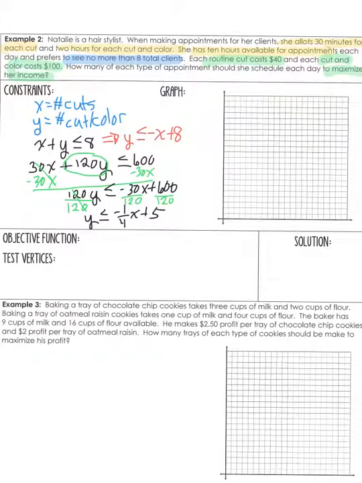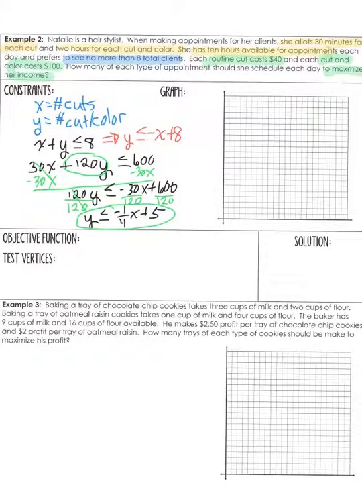So I am going to graph this one in green. All right, so let's figure out our increments. Since my y-intercept here is 5 and my y-intercept here is 8, I can definitely go by ones. There's no need for me to label my increments because I'm going by ones, but I do need to label my x and y axis.